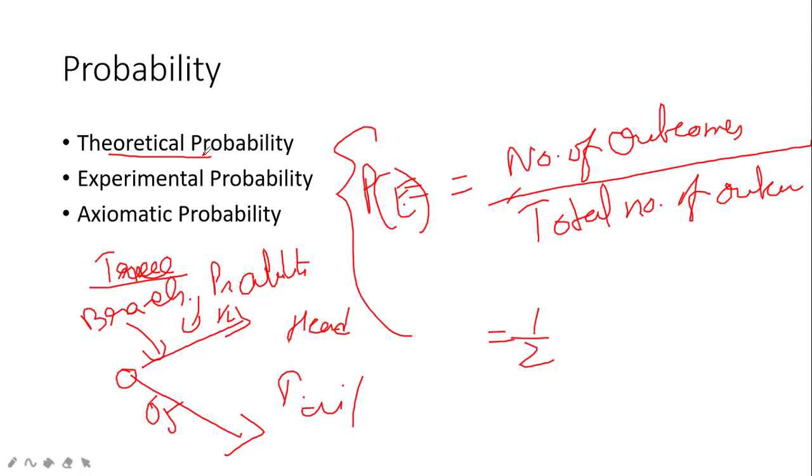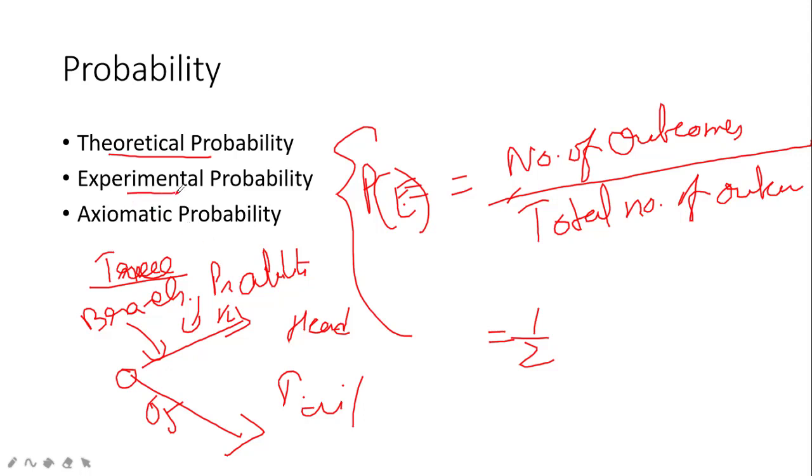It is based on possible chances, on reasoning. For example, if you toss a coin, the probability is half. The name itself says theoretical, meaning it follows a theoretical way or reason.